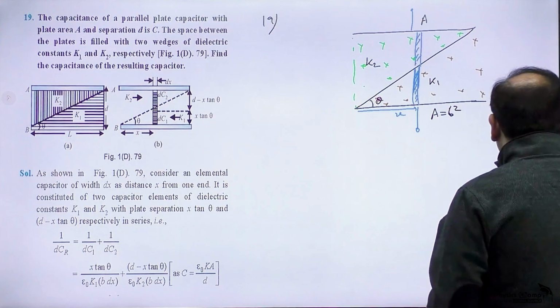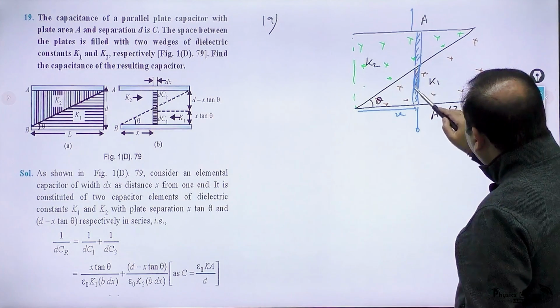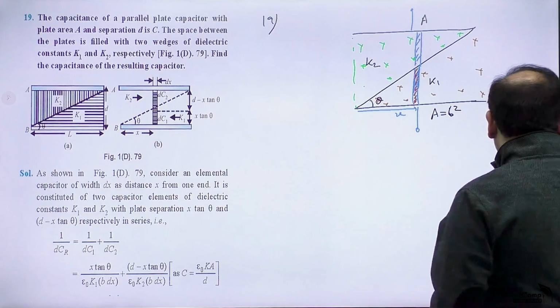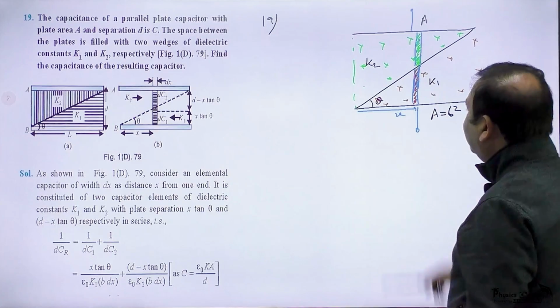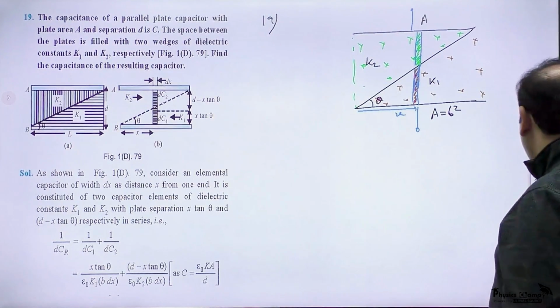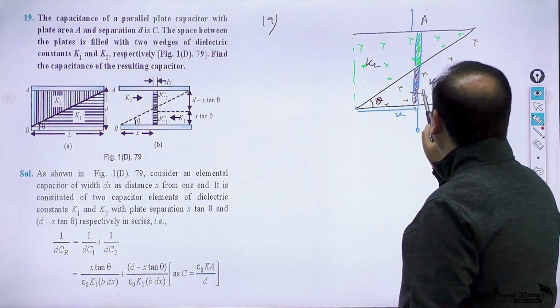But the difference is, in this width dx, over here the dielectric constant K1 is filled and over here the dielectric constant K2 is filled.